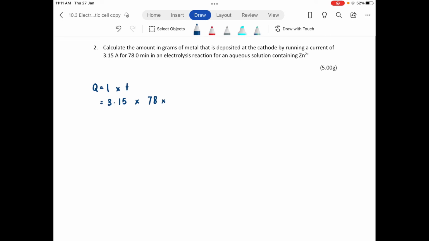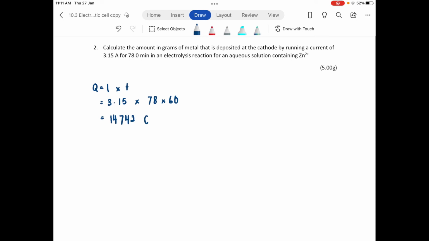So we have to multiply by 60 because the time here is given in minutes. If we calculate that, we will get 14742 coulomb. This is what we get from the calculation of current and time; the unit of charge is coulomb.